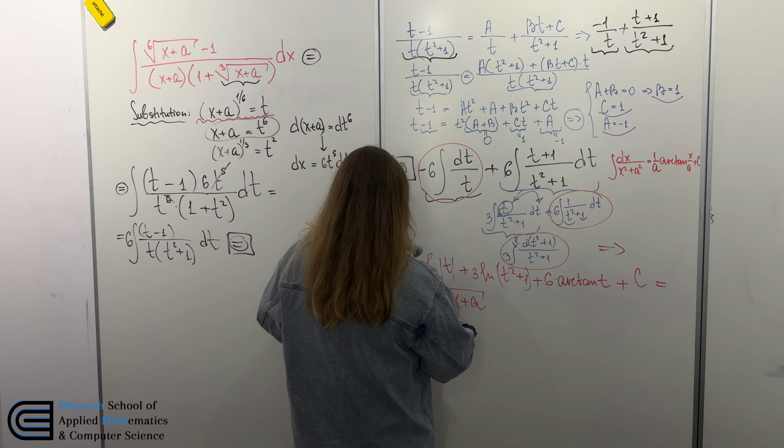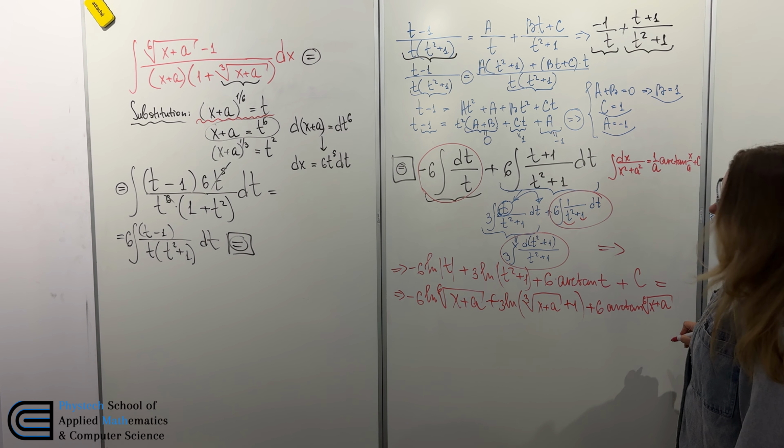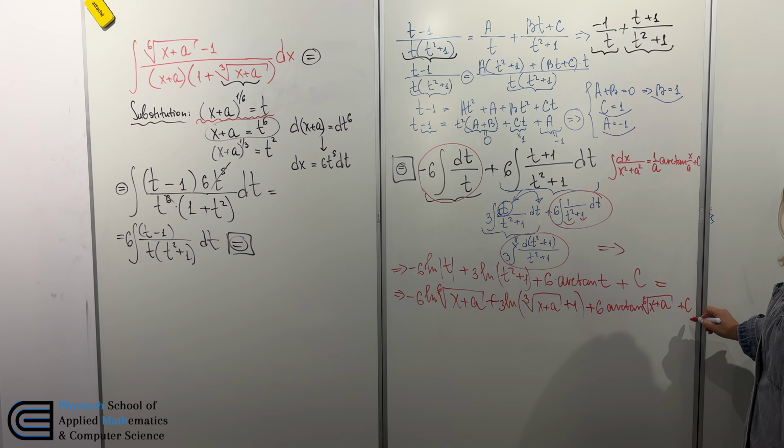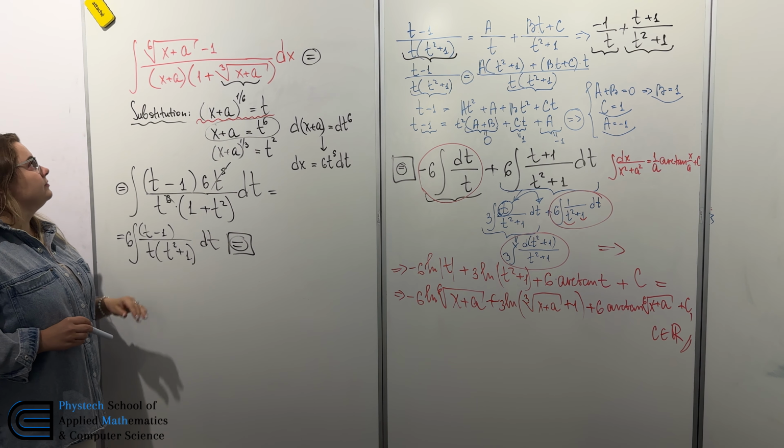Here 3 because here we have 2 plus 1, plus 6 arctangent of t, x plus a, and here also 6, and plus constant from real numbers. So this line is the final answer, the final result for our integral here.